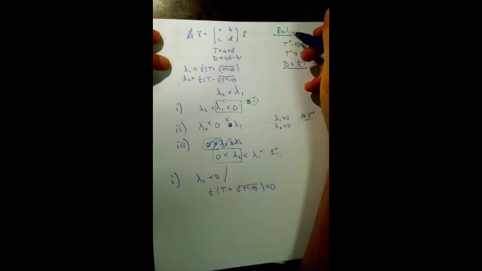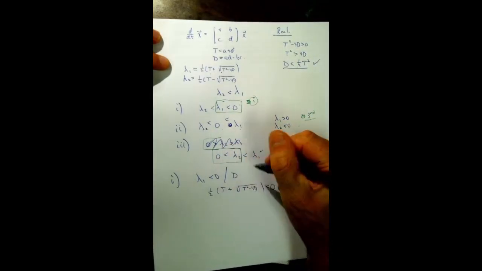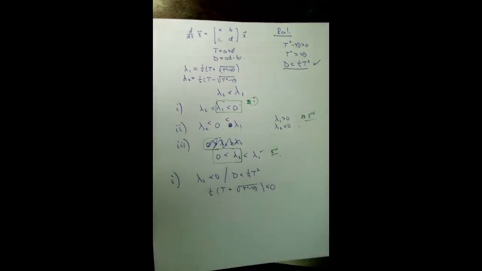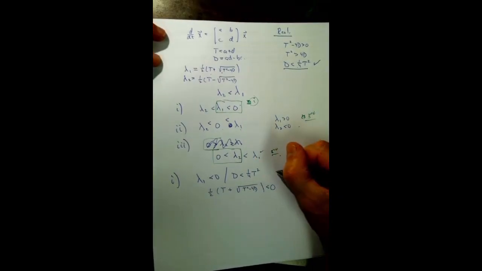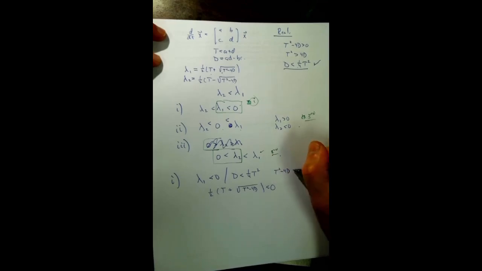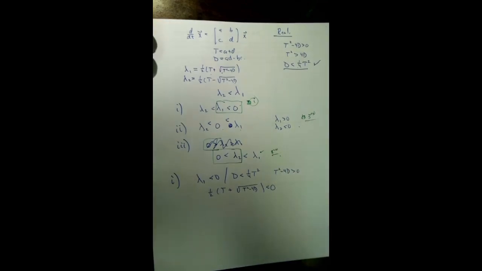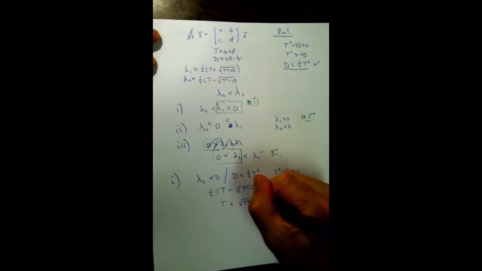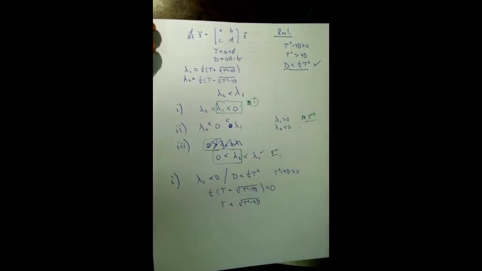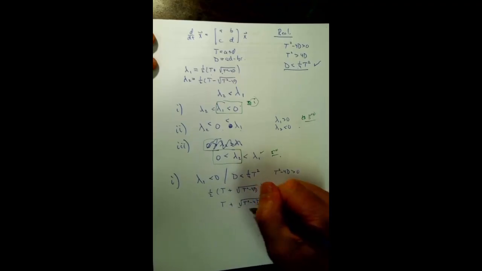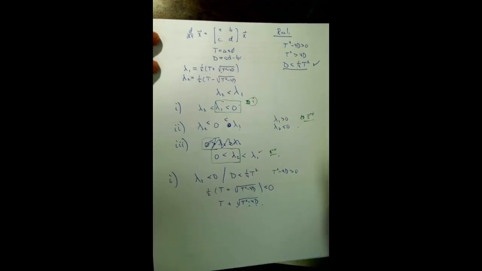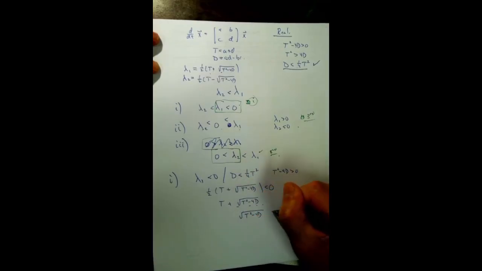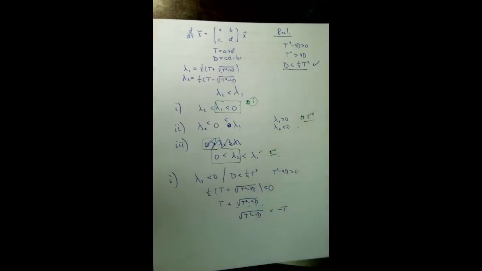And I already know, because I'm assuming things are real, that d is less than 1/4 t squared, which means that t squared minus 4d is positive. Multiply both sides by 2, doesn't change anything. So let's see, I know this is positive. So if I subtract t from both sides, I get that.